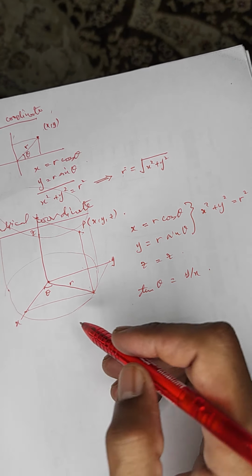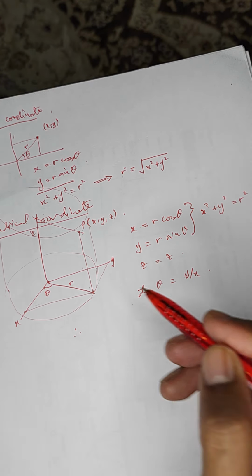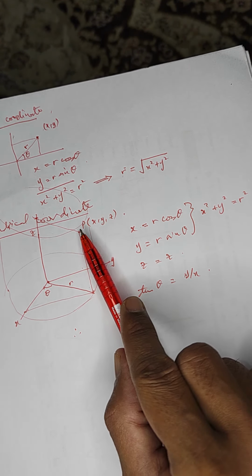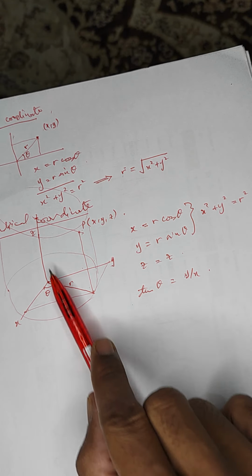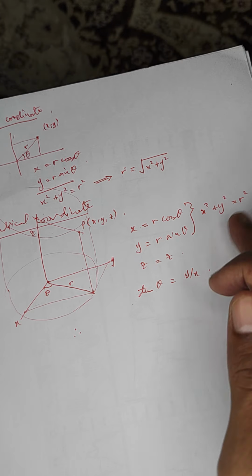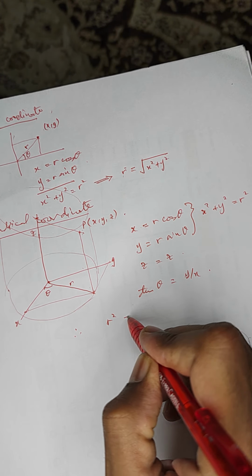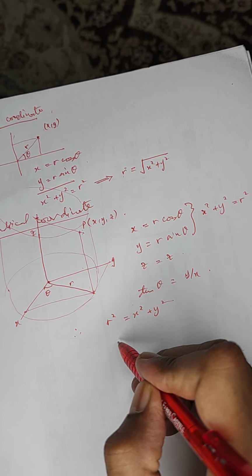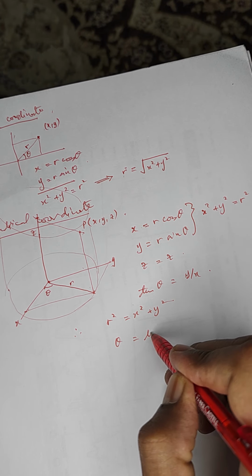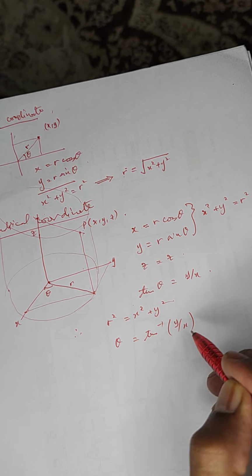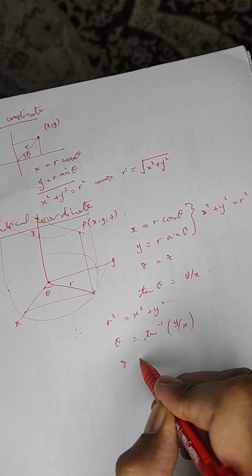Therefore, the cylindrical coordinates r, theta, and z are given as: r squared equal to x squared plus y squared, theta equal to tangent inverse of y over x, and z equal to z.